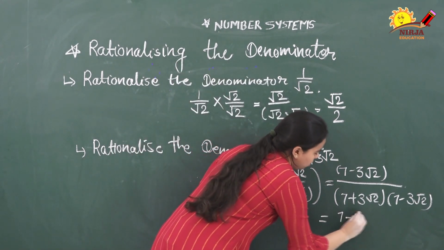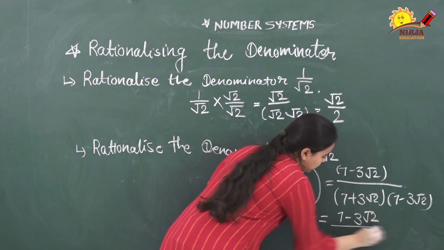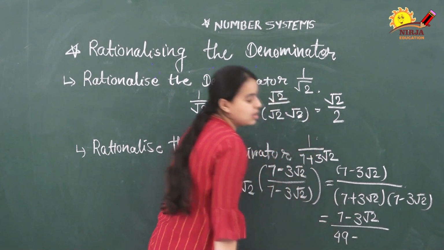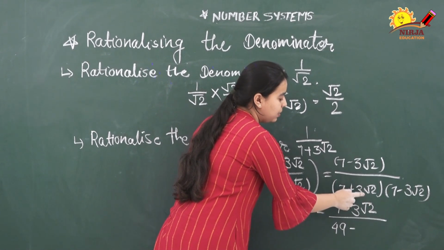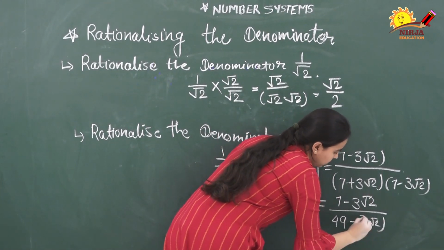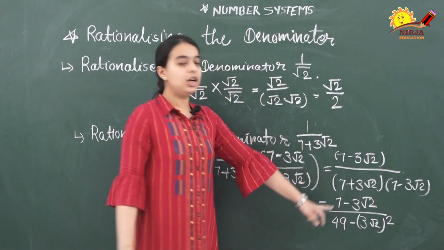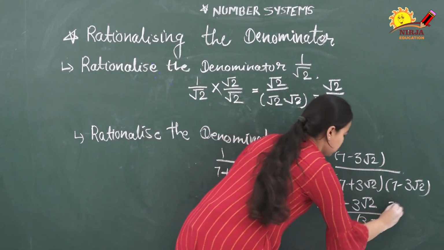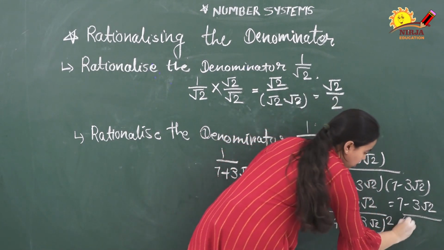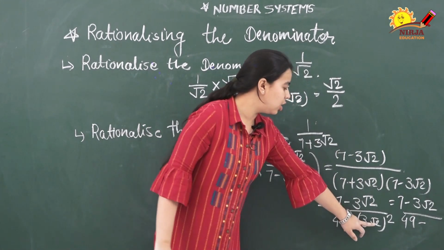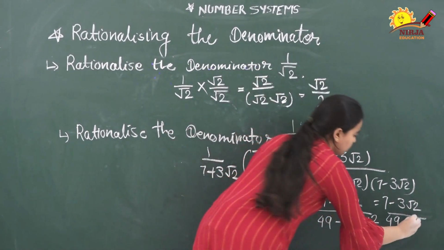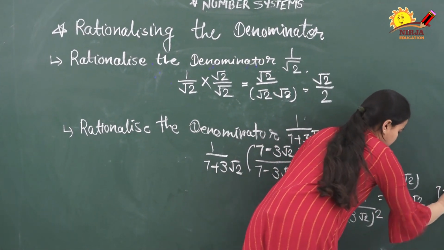Let us do so. a², that means 7², will be 49, minus b². Here b² will be (3√2)². So it is 49 minus (3√2)². 3 squared is 9, 9 times 2 is 18.